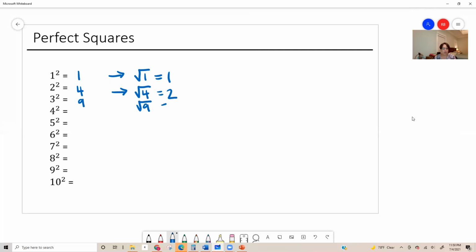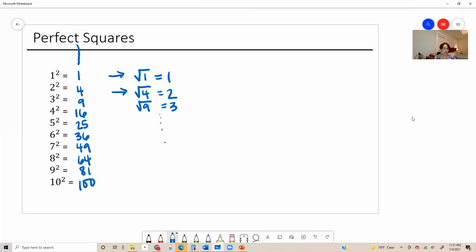Square root of 9 is 3. And you can figure out the rest: 16, 25, 36, 49, 64, 81, and 100. So that's the first 10.